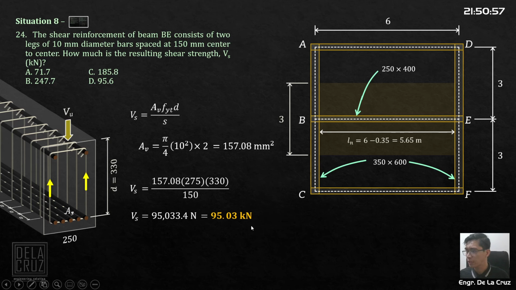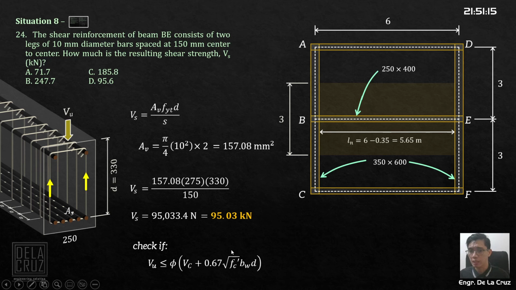Okay? So, actually, meron pa tayong i-check dito. Itong code na ito. We need to check this code. Check if VU does not exceed phi VC plus 0.67 FC prime BWD.